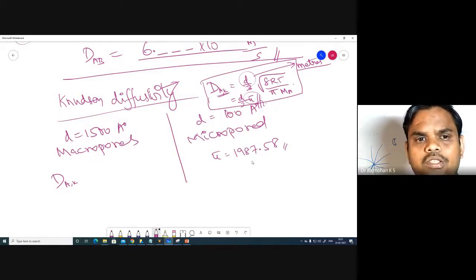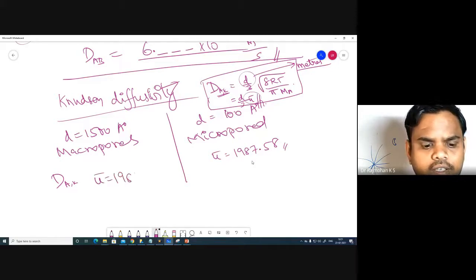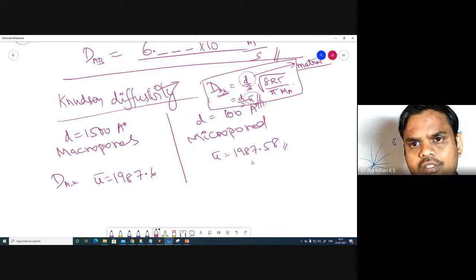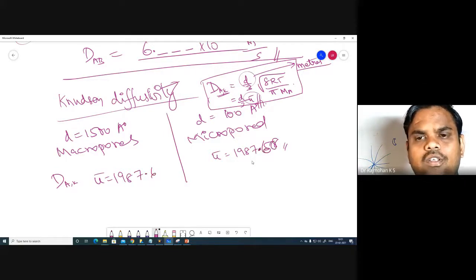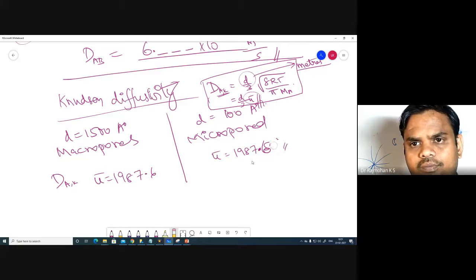So U bar is the same here also, right? So U bar is 1987.6. I round it and use it. Okay, so U bar value is known, D by 3 is known, DAK can be found out, right?